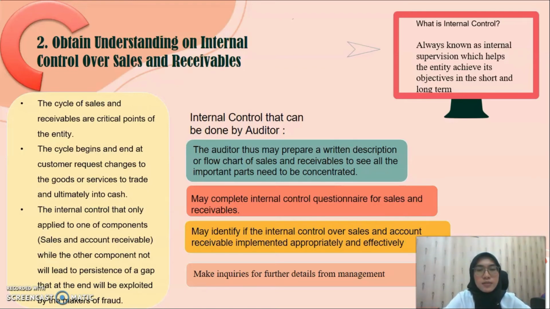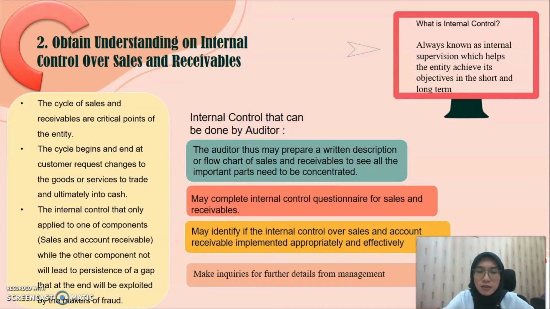So there are some internal control procedures that can be done by the auditor. The first one, the auditor may prepare a written description or flowchart of sale and receivable to see all the important parts that need to be concentrated on. They also may complete an internal control questionnaire for sale and receivable.